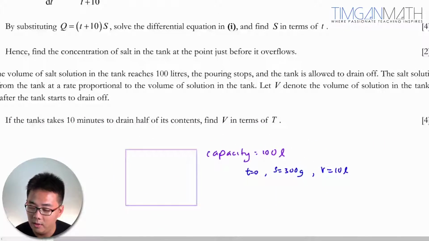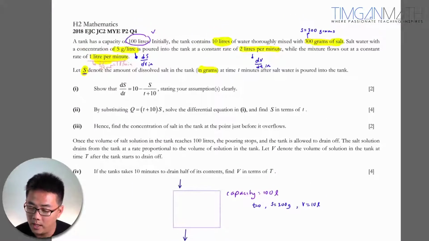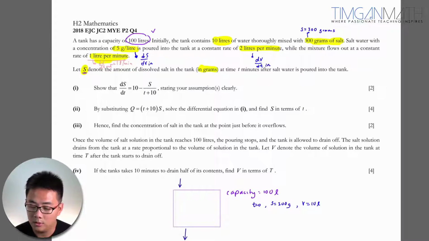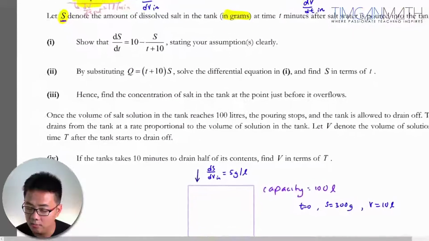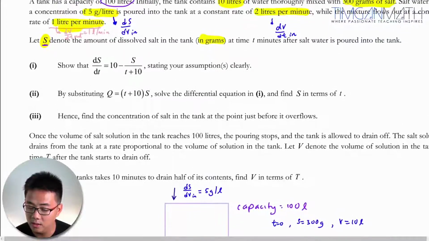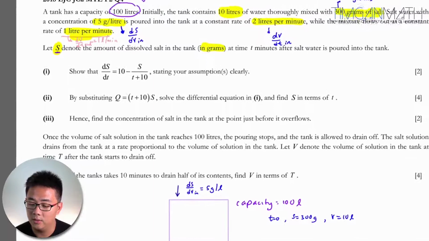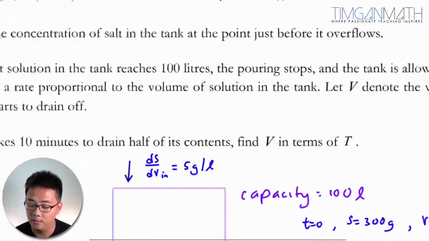Let's write that down. Going in, we have salt water concentration dS/dV in, which is 5 grams per liter, and the constant rate is 2 liters per minute.